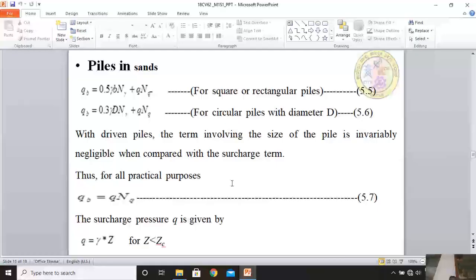Next, how to calculate ultimate bearing capacity in cohesionless soils, that is, in sand.